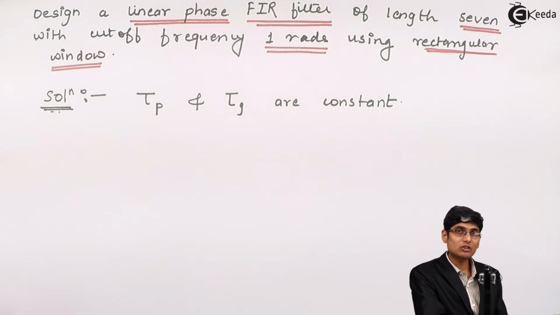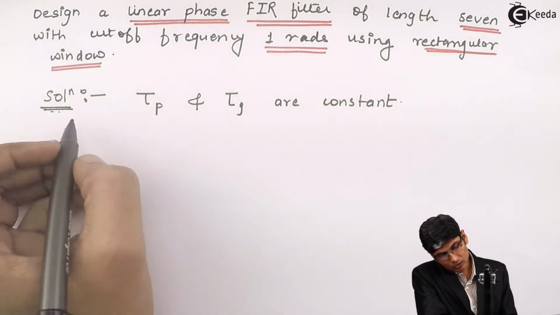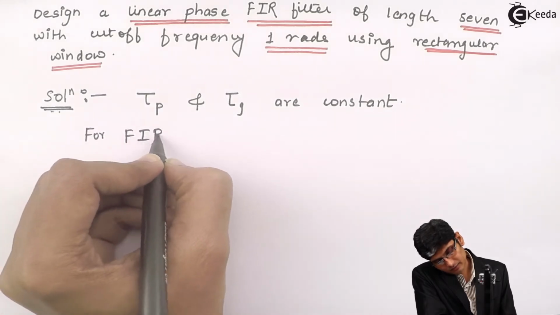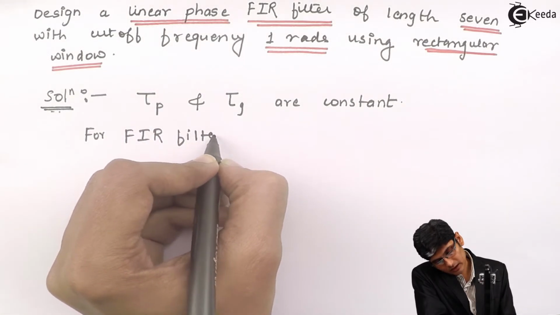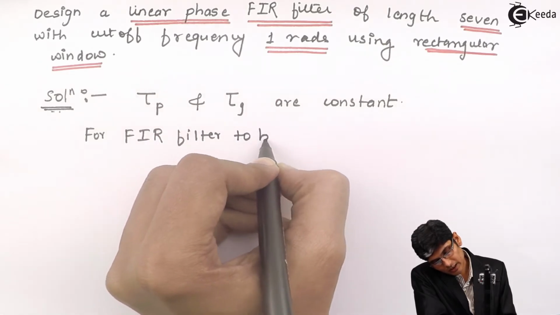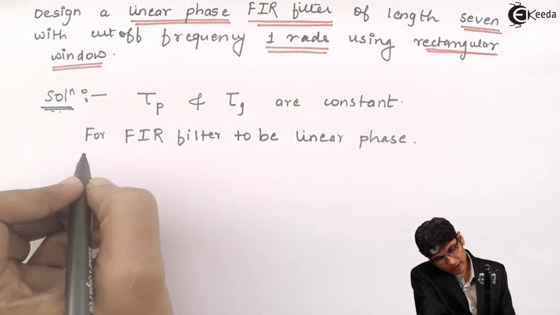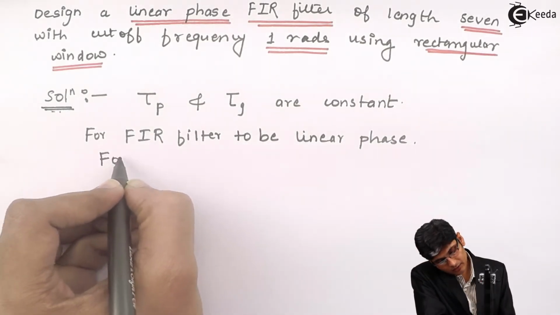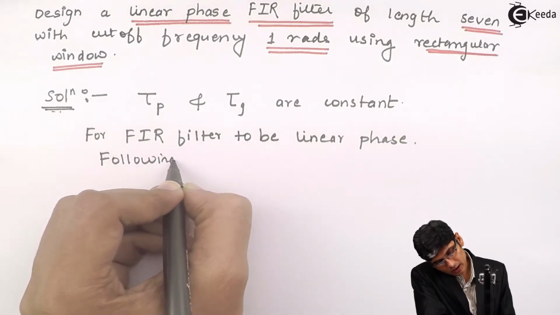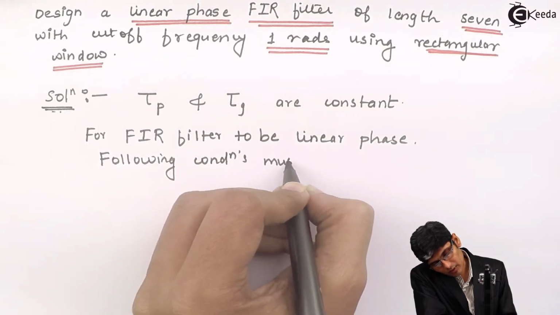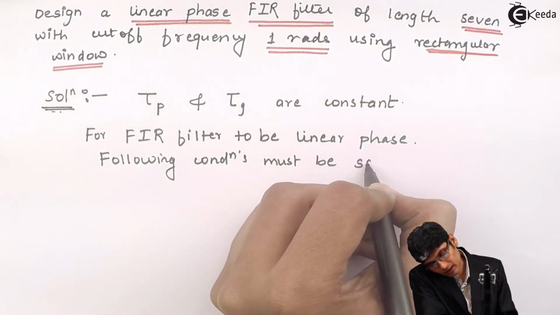For an FIR filter to be linear phase, there are 2 conditions which the filter needs to satisfy. The following conditions must be satisfied.